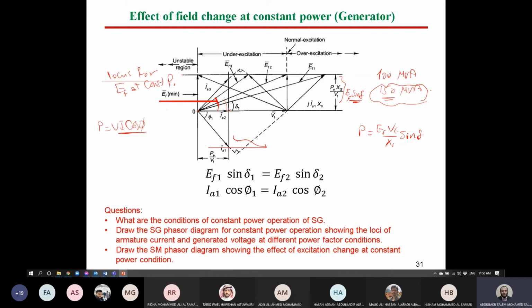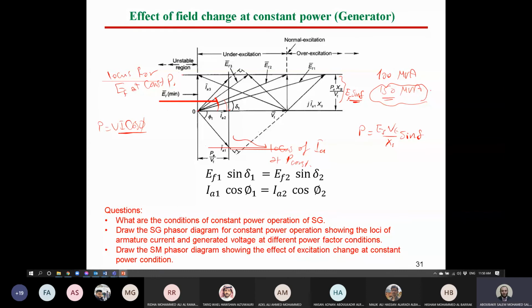This line represents the locus of armature current at constant V. From the comparison of the three relations, at lagging, leading, and unity power factor, we can say that I_A1 cosine phi 1 equals I_A2 cosine phi 2 equals I_A3 cosine phi 3, and so on. And the same for this line: E_F1 sine delta 1 equals E_F2 sine delta 2 equals E_F3 sine delta 3, and so on.